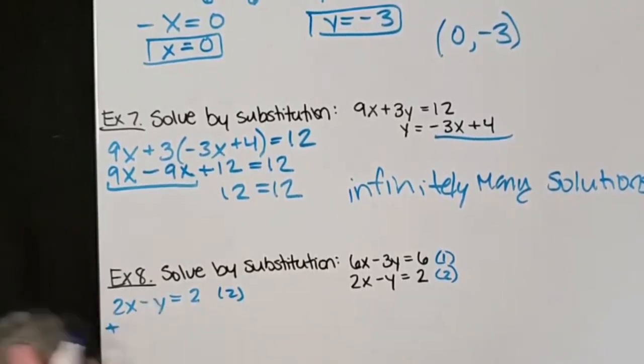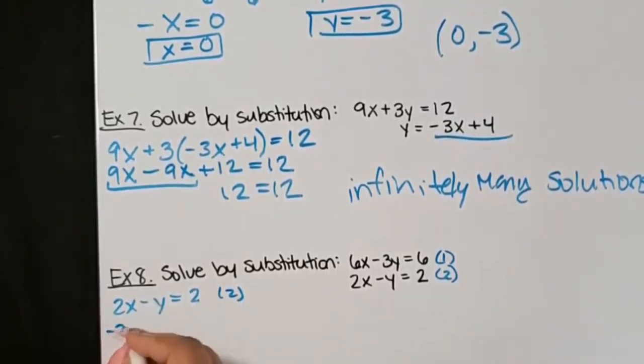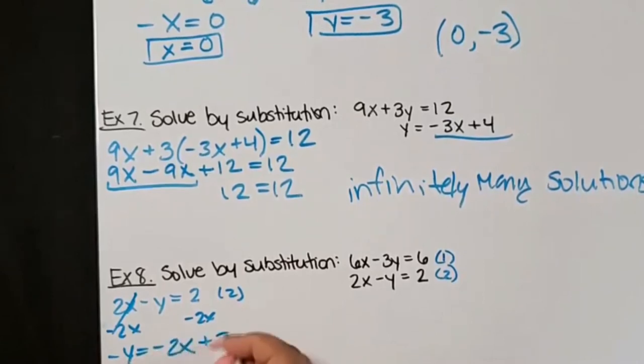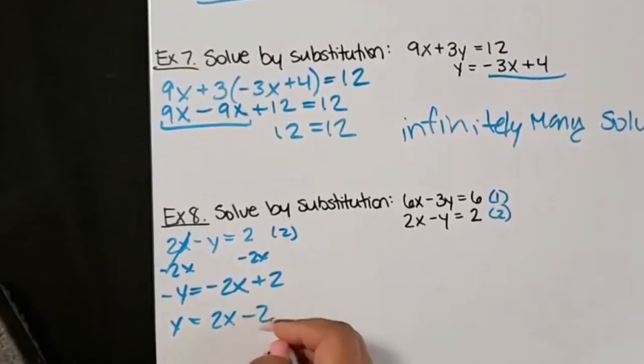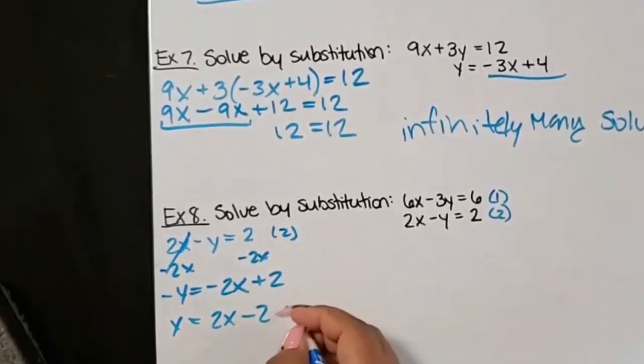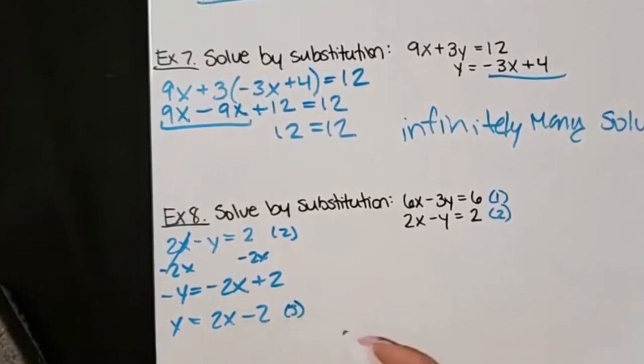I am going to subtract 2x from both sides. I have negative y equals negative 2x plus 2. I can divide everything by negative 1 or change the sign of everything to get y equals 2x minus 2. Boom. This is my new equation number 3.